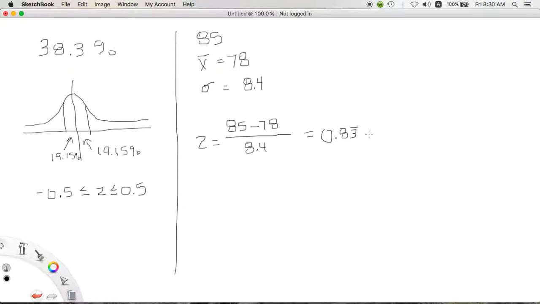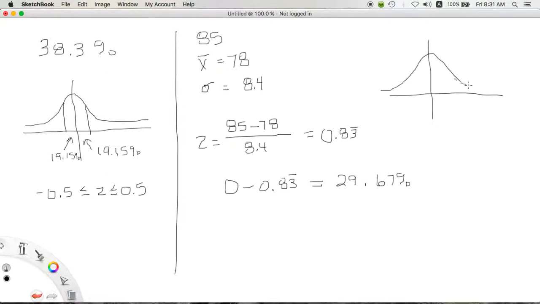So we look at the chart, and at 0.83 we have 29.67. So from 0 to 0.83 gives us 29.67% of the data. So what that's telling us is our data is distributed like this. At our score here, this area is going to give us 29.67%. Now we want the percentile, so we want everything less than this.